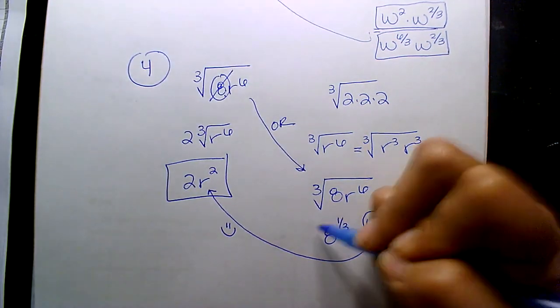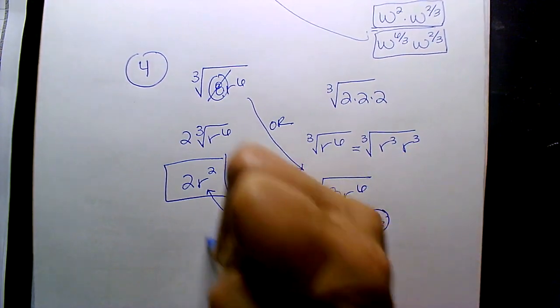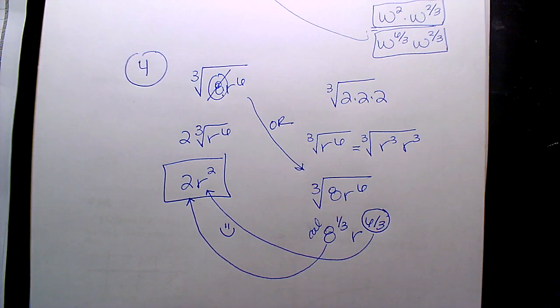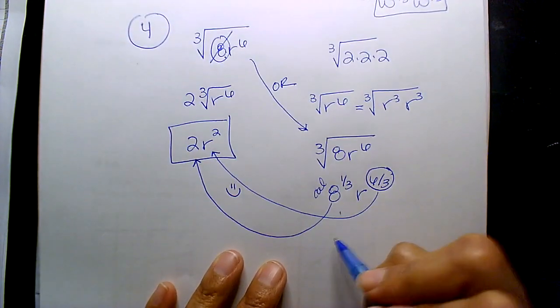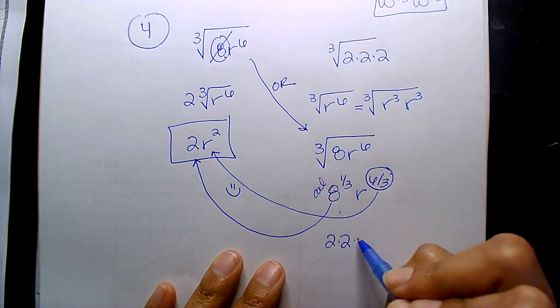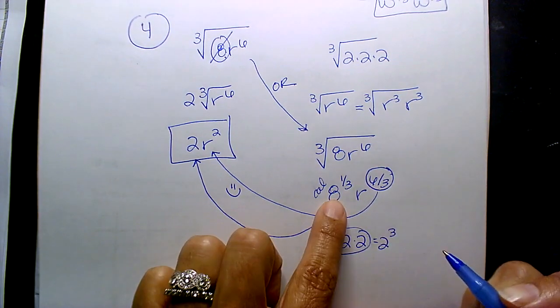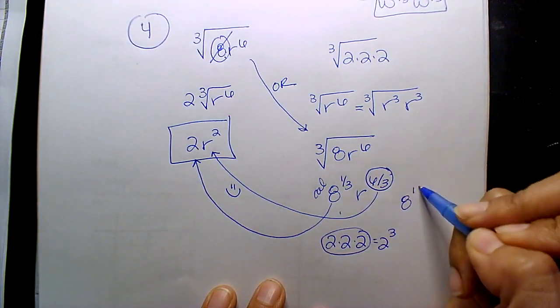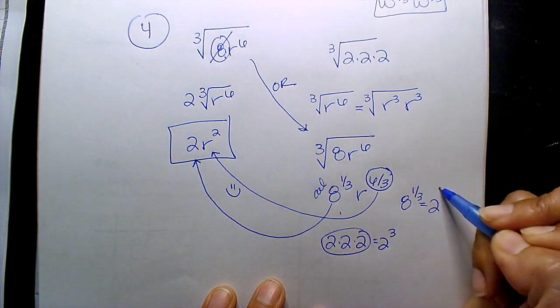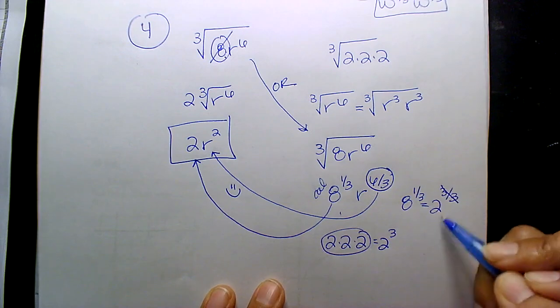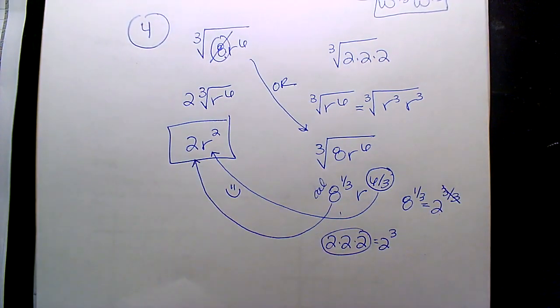So this you can even put in a calculator and it will give you that 2. Because you should know 8 is the equivalent of 2 times 2 times 2. That's three 2s. So I can rewrite that 8 to the 1/3 as the equivalent of 2 cubed to the 1/3, and that is a 1, and there's my 2.